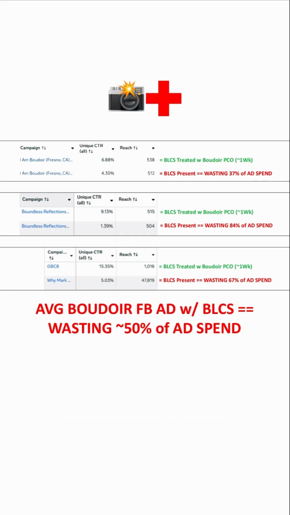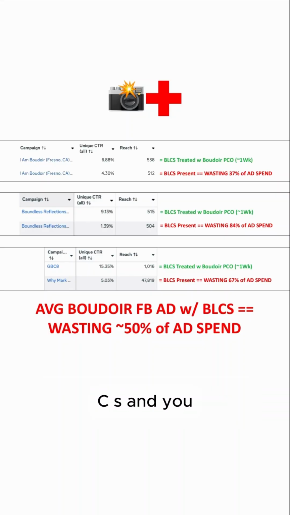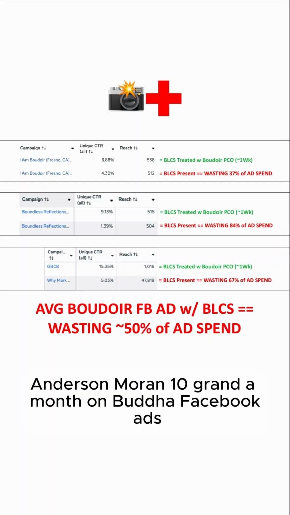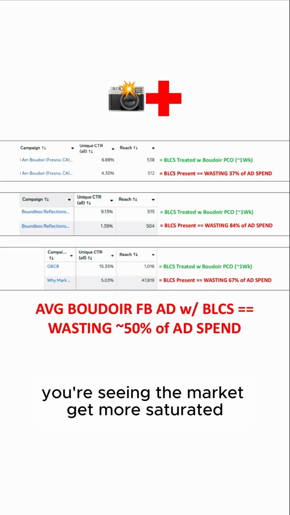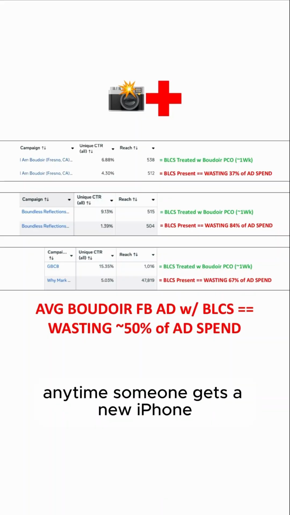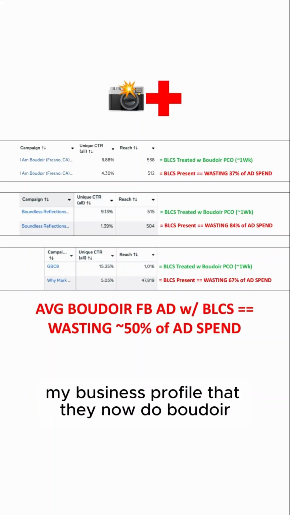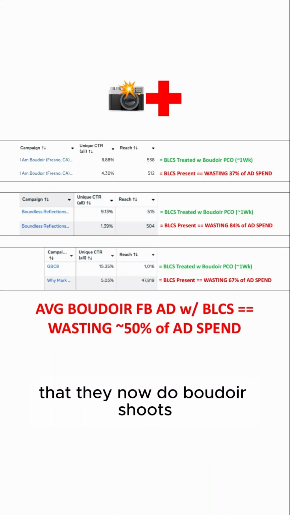So if you're a BLCA, a Boudoir low click advertiser with BLCS, and you're spending more than 10 grand a month on Boudoir Facebook ads, and you're seeing the market get more saturated with more boudoir photographers. Anytime someone gets a new iPhone, they're throwing out their Google My Business profile that they now do boudoir, or they get a new camera and they're posting in the mom groups that they now do boudoir shoots.